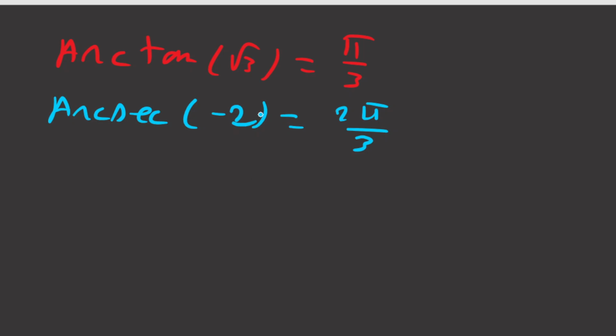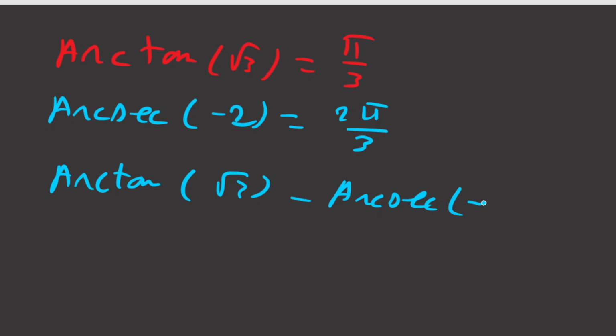So we have already the value, so we just need to use the operations. So we don't forget that we need to calculate arctangent of square root of 3 minus arcsec of minus 2. So the value of this one is pi over 3, and the value of this one is 2 pi over 3.